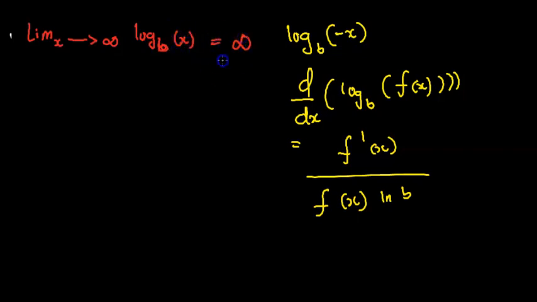This is simply going to be infinity. The logarithm of a number approaching infinity is simply going to be infinity. As x approaches infinity, the logarithm of x with base b is simply going to also approach infinity. So this is it for this problem.